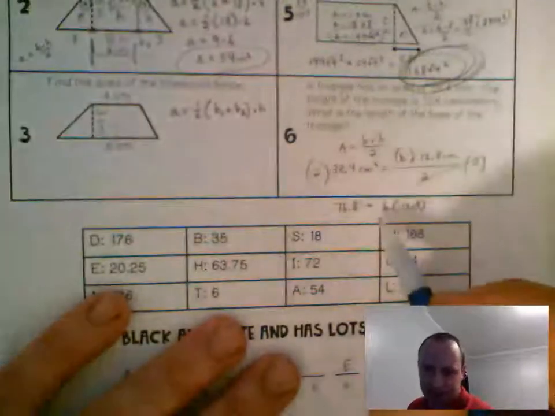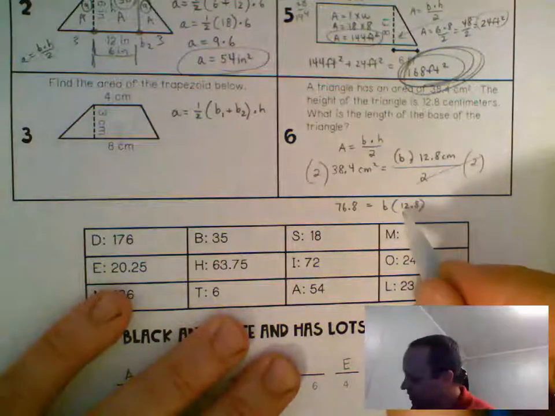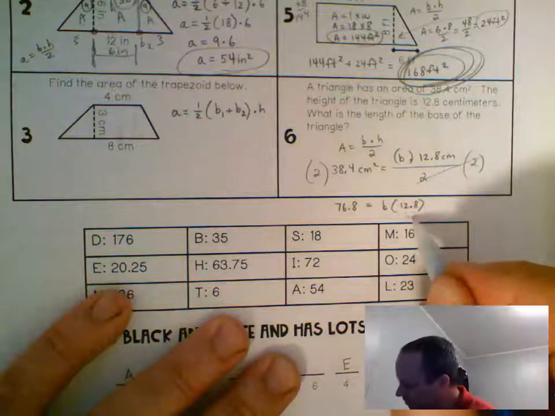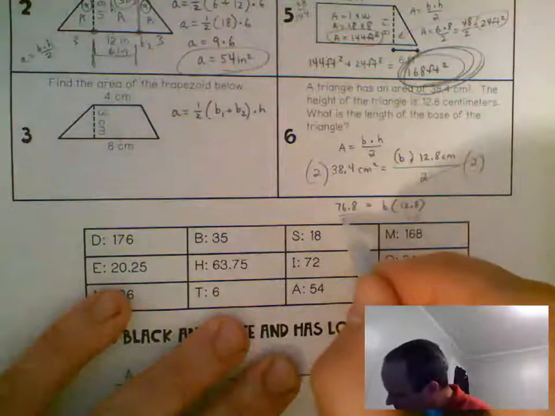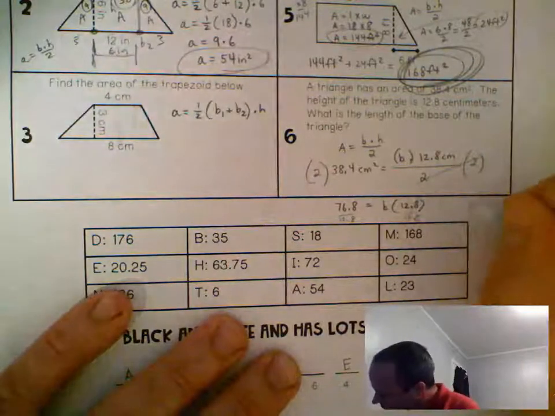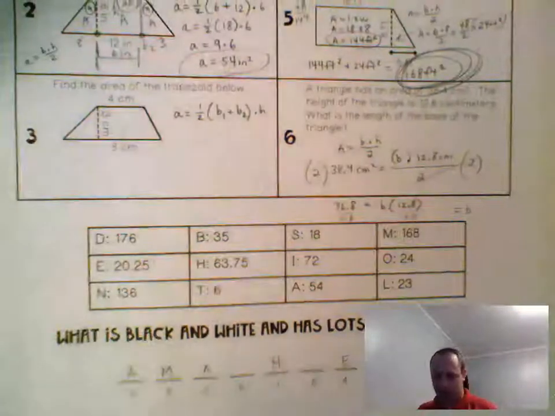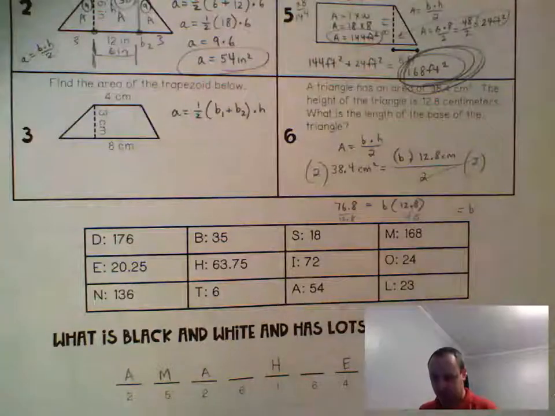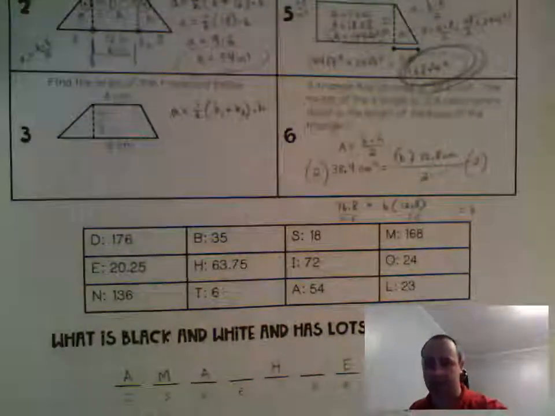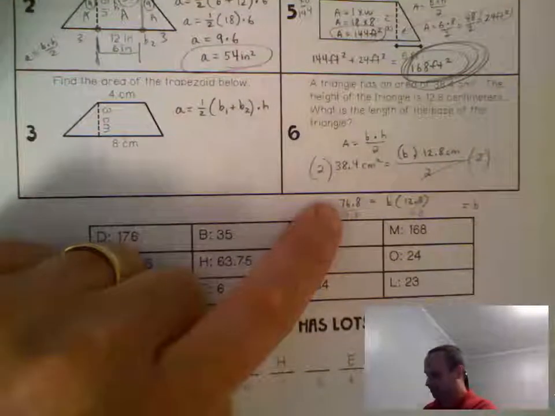Some of you guys will see this right away. To do B times 12.8, to get rid of that, we're going to divide by 12.8. And then you'll get B equals, I am going to use my calculator on this one. So I'm going to take the number 76.8.